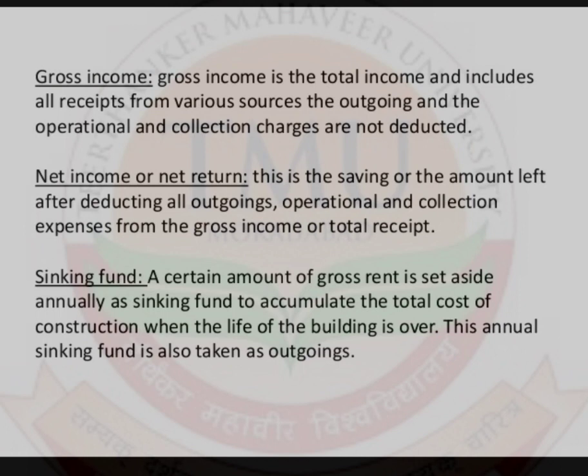first term, that is the gross income. Now, as you know, gross means total income. That means the total income that a property fetches or brings is known as the gross income. It includes all receipts. The main source of income is rent, but we also have some expenses.